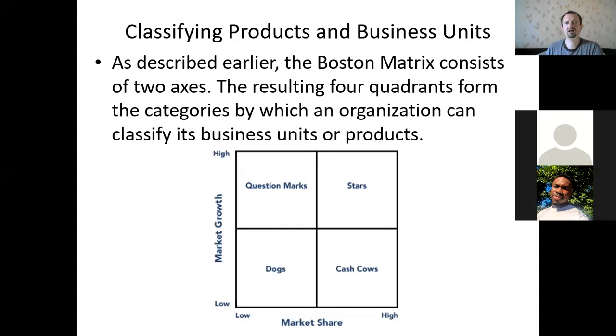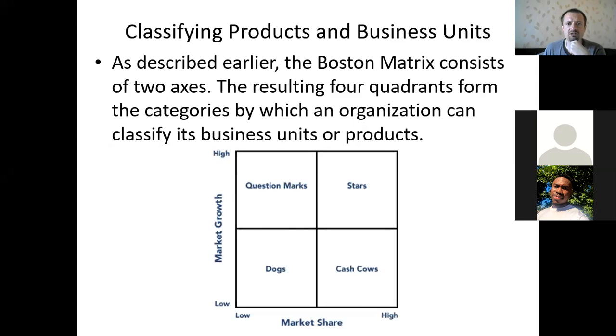So the main idea of this matrix is that we have to calculate relative market share for every strategical business unit, and we have to calculate market growth for every market, and we have to place all our strategic business units on these very metrics.